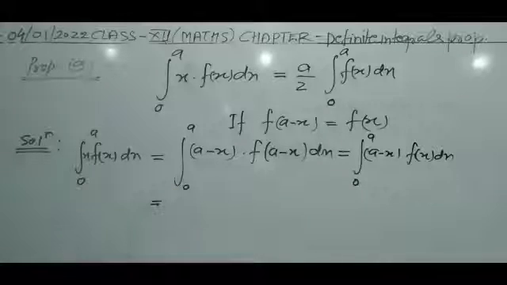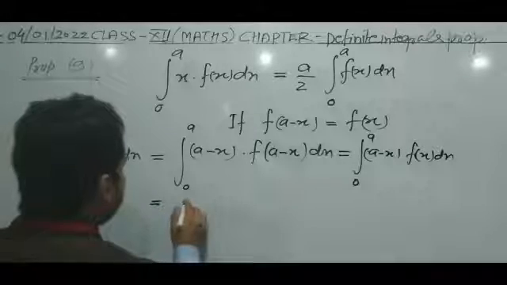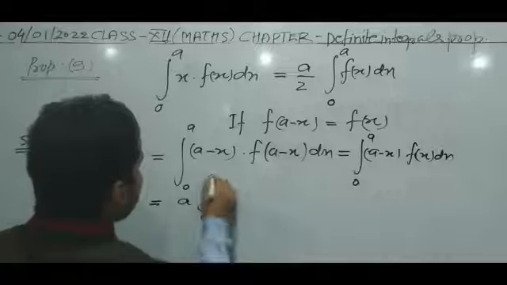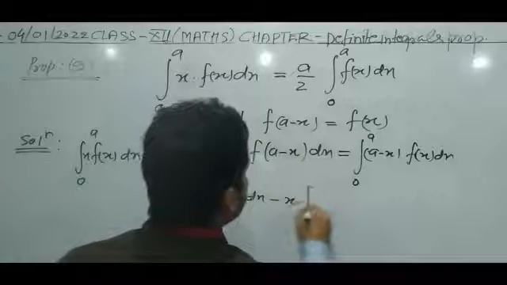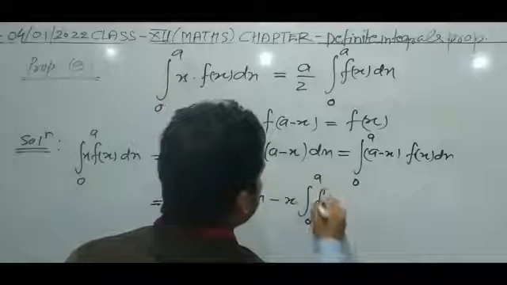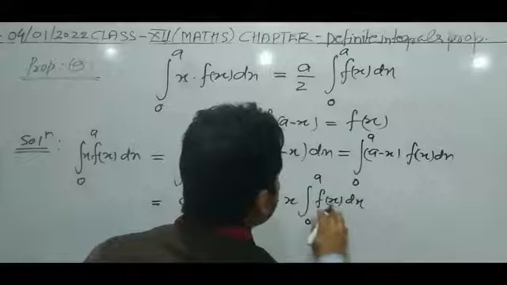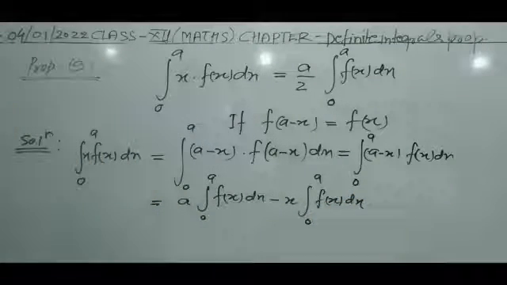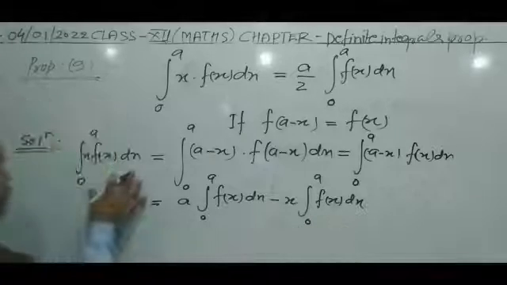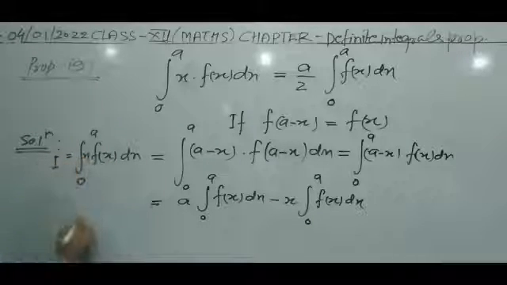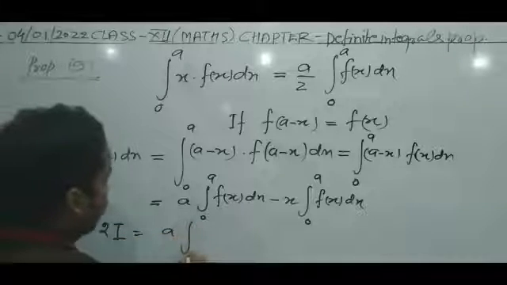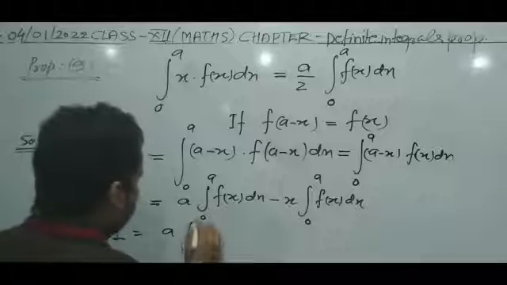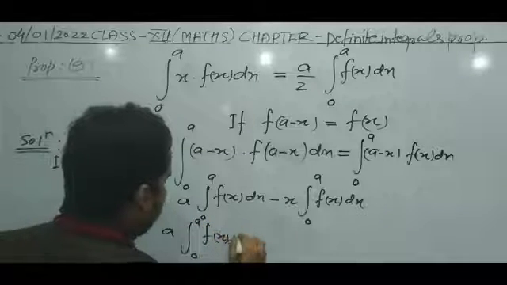a times integration over 0 to a of f of x dx minus x times integration over 0 to a of f of x dx. So this is the result, and this is the value of I. Suppose this is I. Now this result will be 2I is equal to a times integration over 0 to a of f of x dx.